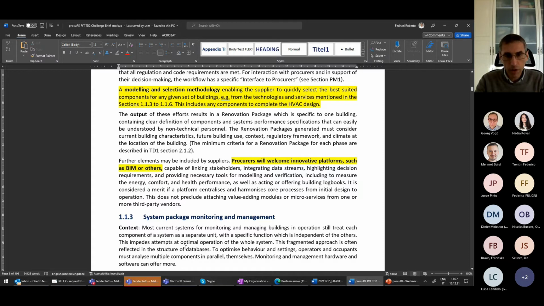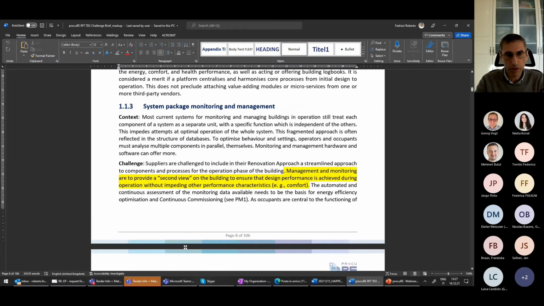The second building block is, or the third building block in this case, is the monitoring and management.